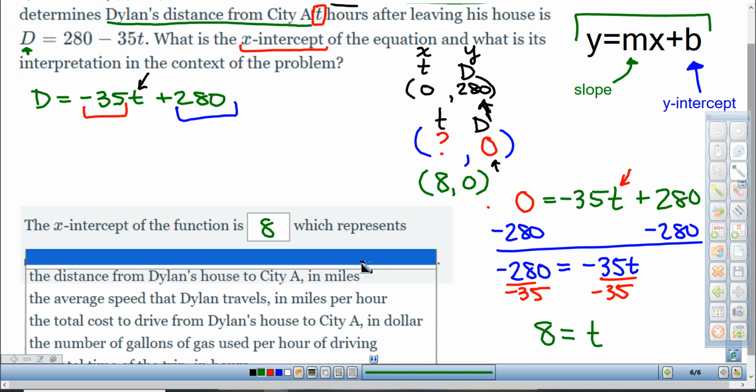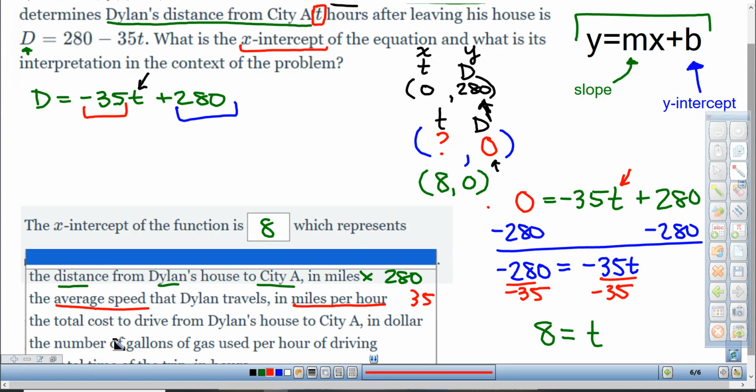And so what does it represent? Does the 8 represent the distance from Dylan's house to city A? No, it doesn't. That value was 280 miles. Is it the average speed that Dylan travels in miles per hour? Remember, miles per hour, that's a rate. The average speed here is 35 miles per hour.